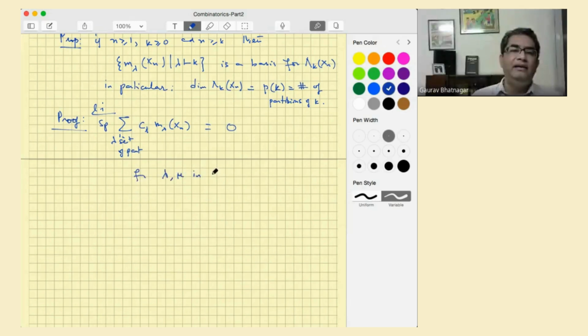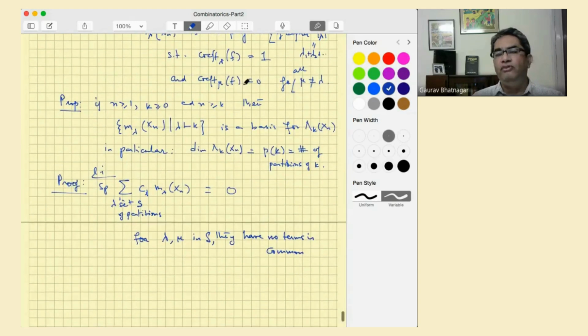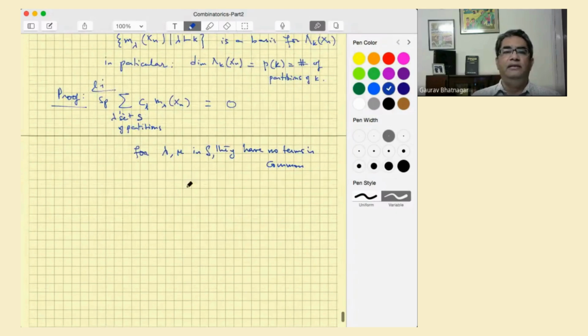In a set S of partitions, for different lambda and mu, they have no terms in common. Because the coefficient of mu of f will be 0, this will imply that essentially all of them are 0.